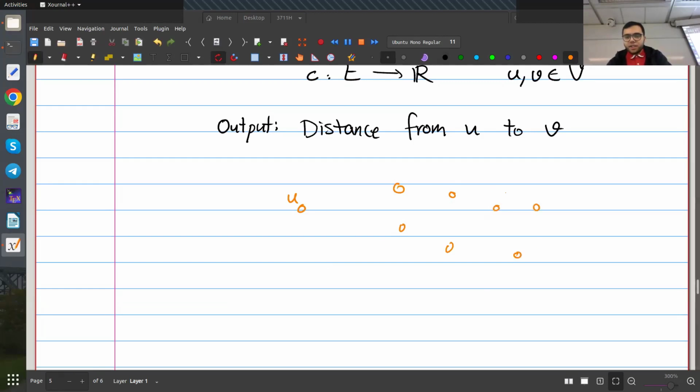And just let's take one of these vertices. Let's take vertex I. Okay. I'm going to define d of I as the distance from vertex U to vertex I. Okay. So d of I is just the distance from U to I.